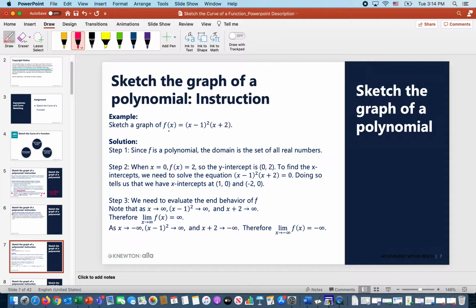So what I want to point out to you first is if I square x minus 1, I get x squared minus 2x plus 1. And I'm going to multiply this by x plus 2. So here's what happens. Our function could be rewritten as x to the third plus 2x squared minus 2x minus 2x squared minus 4x plus x plus 2.